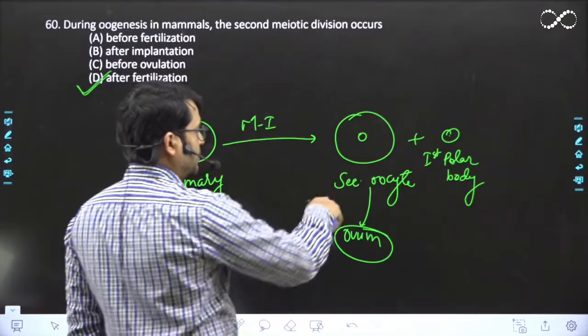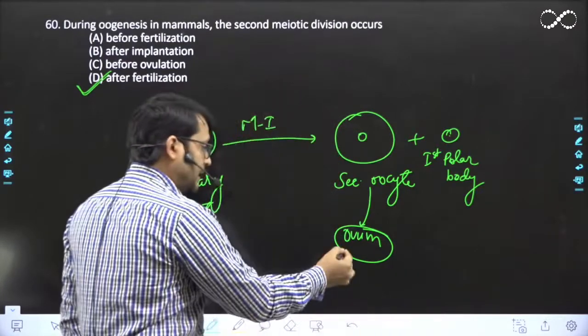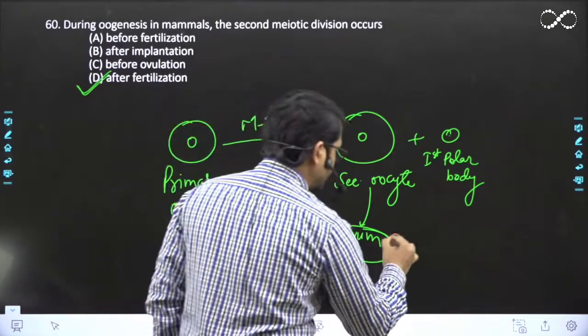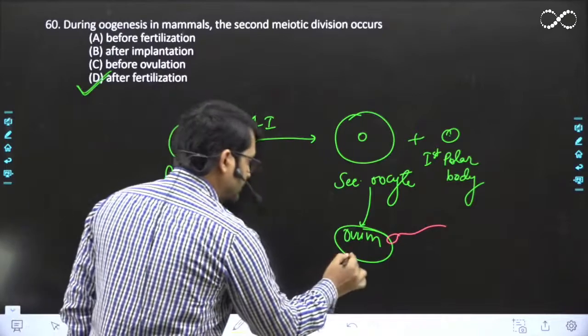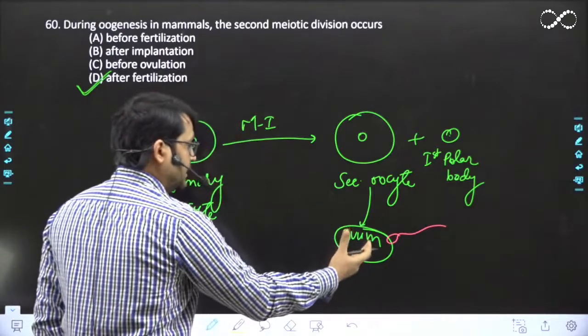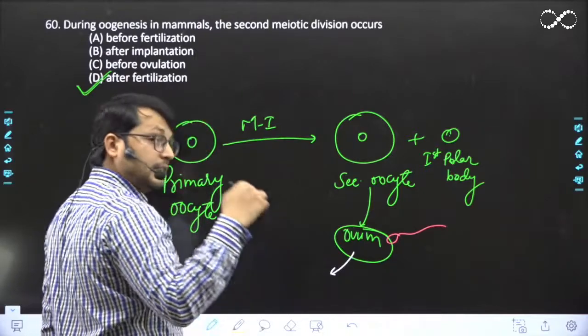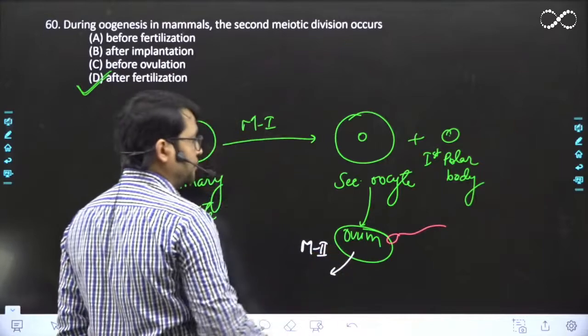Okay, so the secondary oocyte forms the ovum, and then this ovum meets the sperm. With the help of the sperm's centriole, the secondary oocyte completes its meiosis 2. So what will be completed here? Meiosis 2.